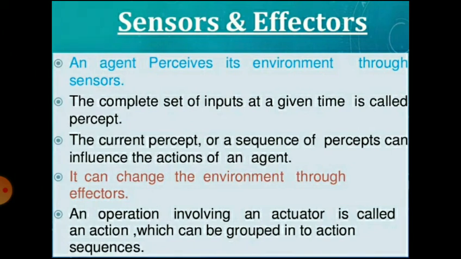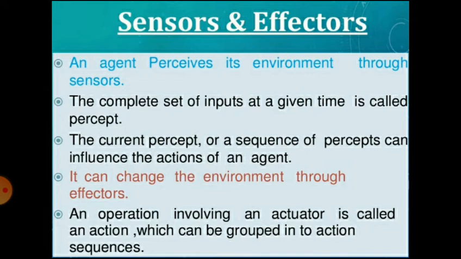Now, sensors and effectors. An agent perceives its environment through sensors. The complete set of inputs at a given time is called a percept. The term percept refers to the agent's perceptual inputs at any given instant.